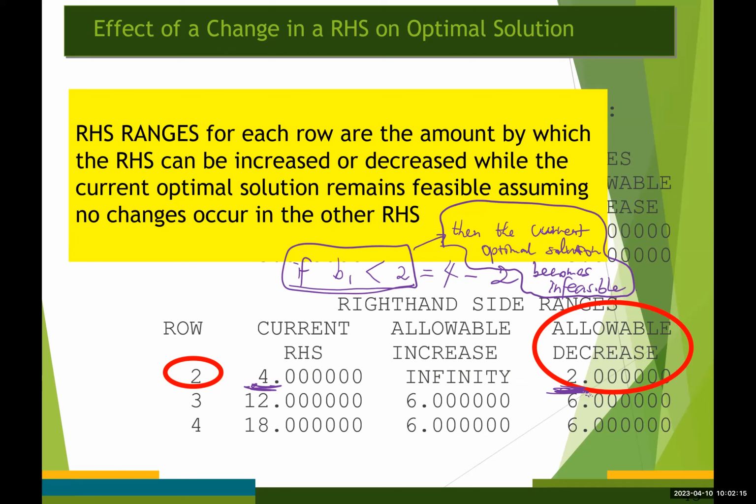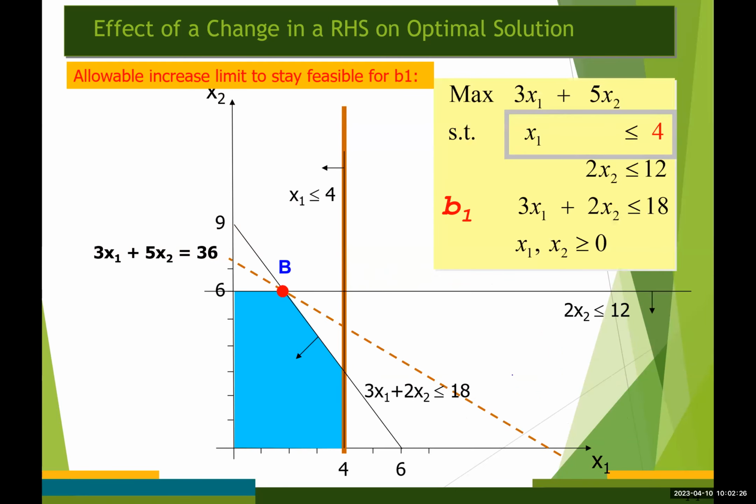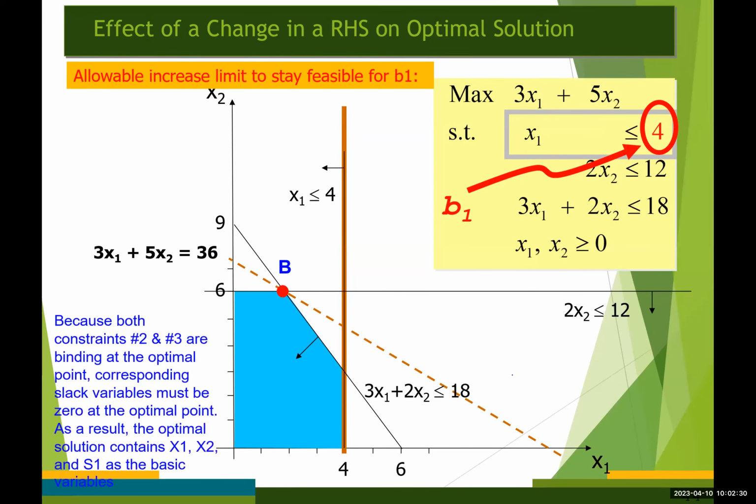Okay, now let's see why we have infinity as the allowable increase limit. Currently the value of B1 is 4, right?